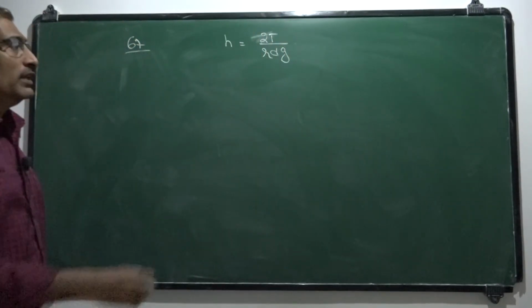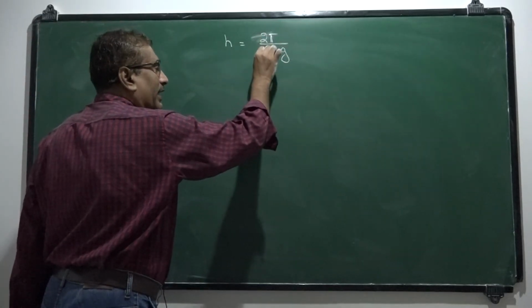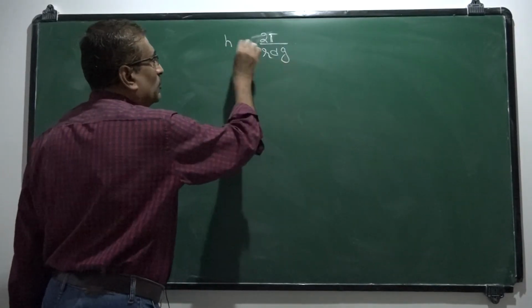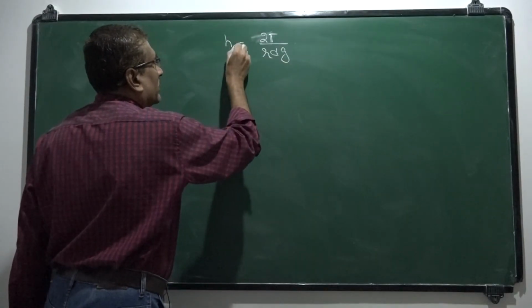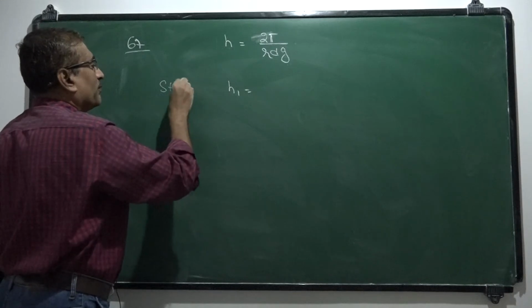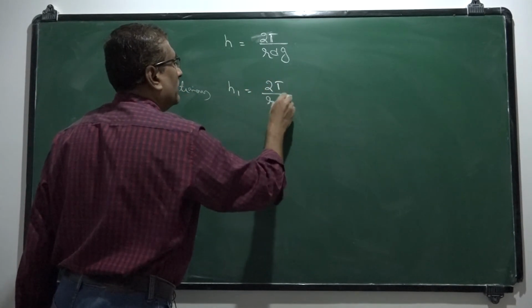Okay. If the liquid surface tension is same, density is same, and radius of the bore is also same, but here this one is moving in a lift. That means for a moving lift, given that h1, this is in a stationary lift, h1 is 2T by r d g.